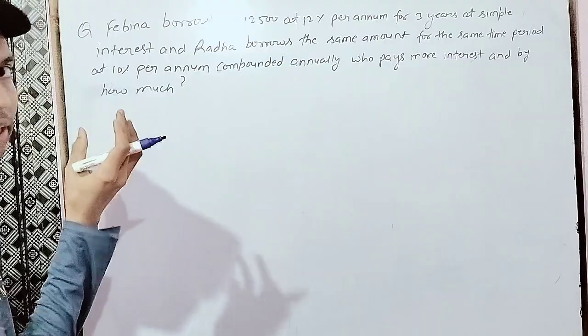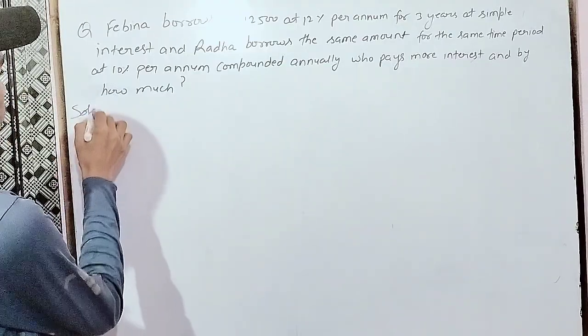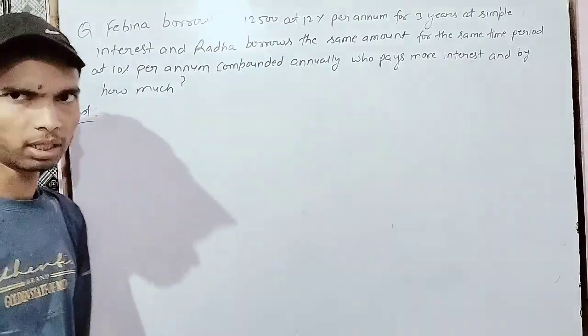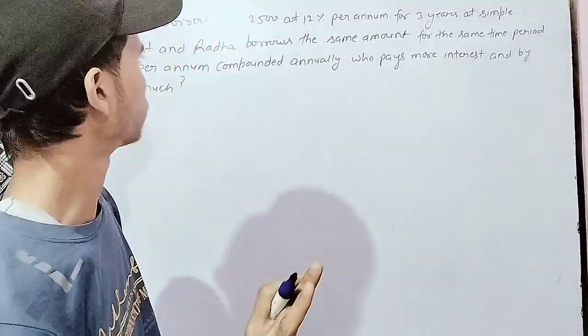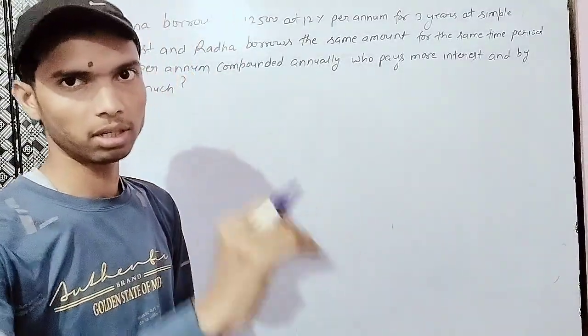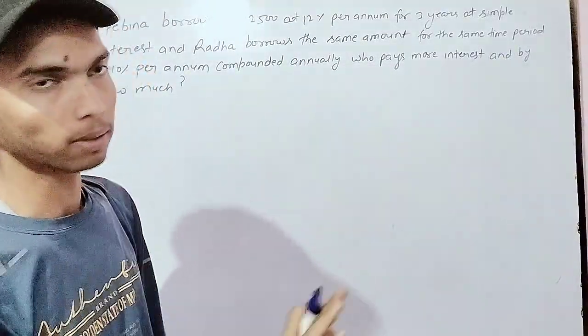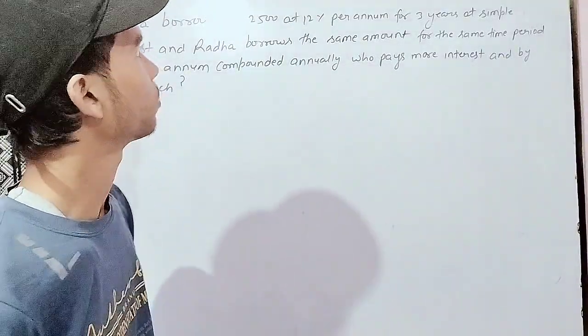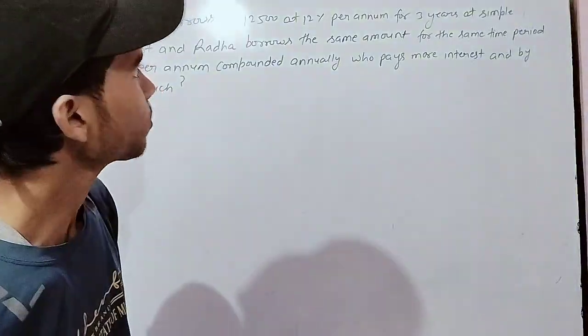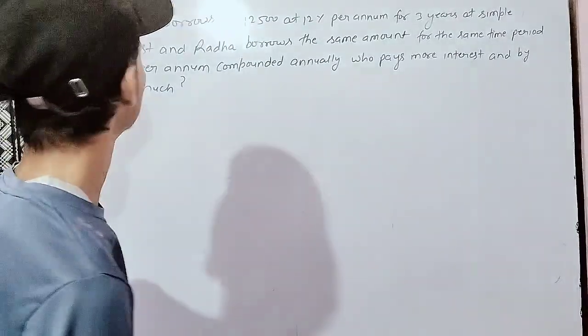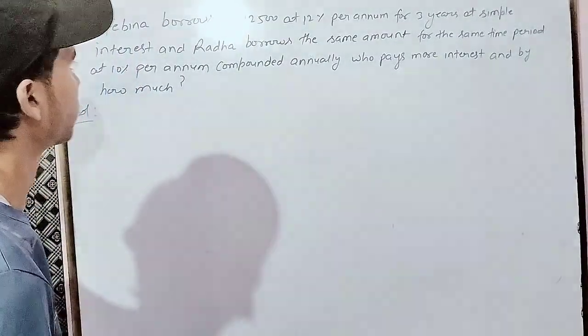Look, you have to read it very carefully with understanding, then you will have clarity. Femina is a girl who borrows rupees 12,500 from someone at a rate of 12% per year for 3 years. Okay, for 3 years, at a simple interest.